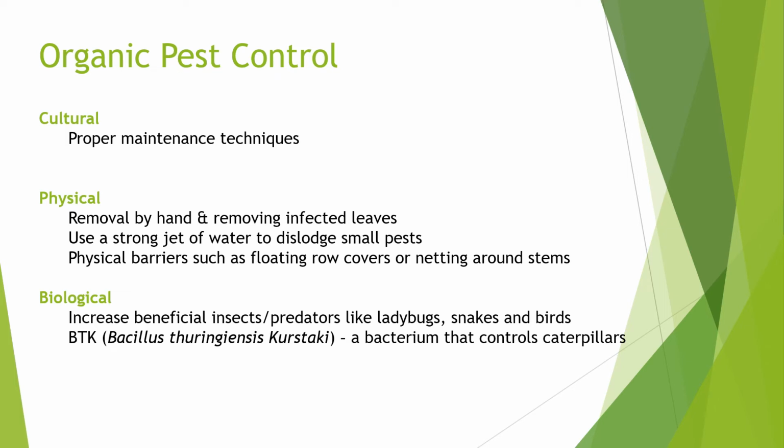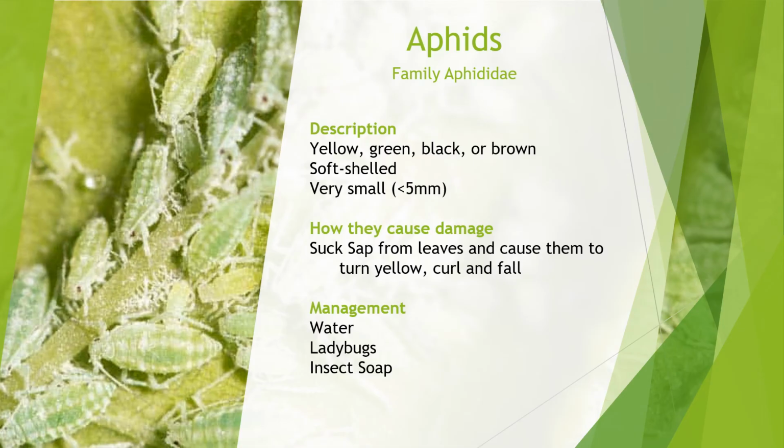Now let's talk about a few of the common pests you're going to see as you're learning to garden organically. So aphids. These are tiny little insects that love to feast on the sap of plants. These are relatively easy to get rid of, so a strong jet of water will usually take care of them.